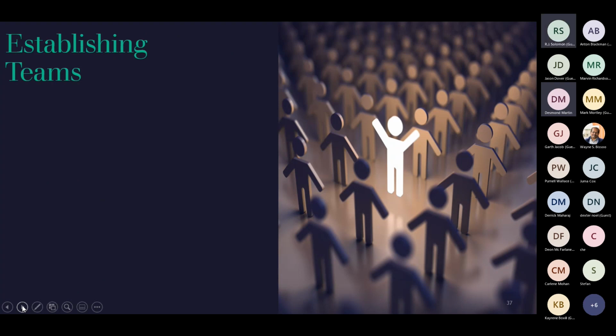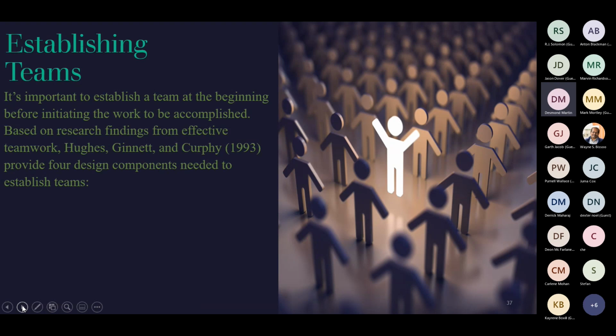Establishing teams. It is important to establish a team at the beginning before initiating the work to be accomplished. Based on research findings from effective teamwork, Hughes, Ginnett, and Curphy, 1993, provide four design components needed to establish teams. One, the task structure.